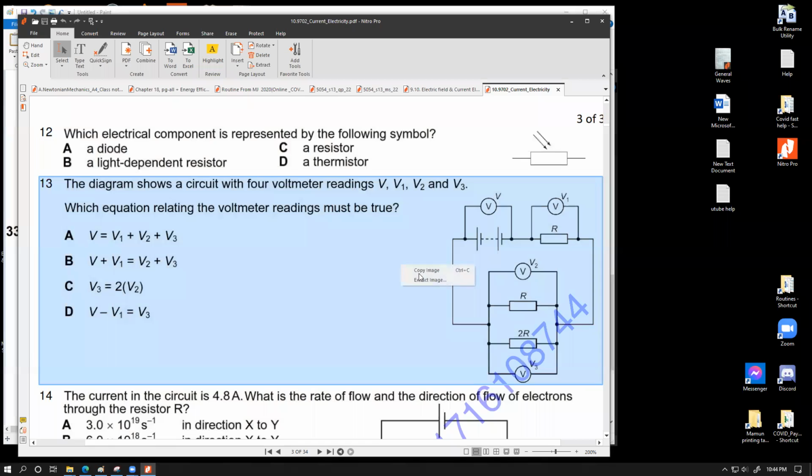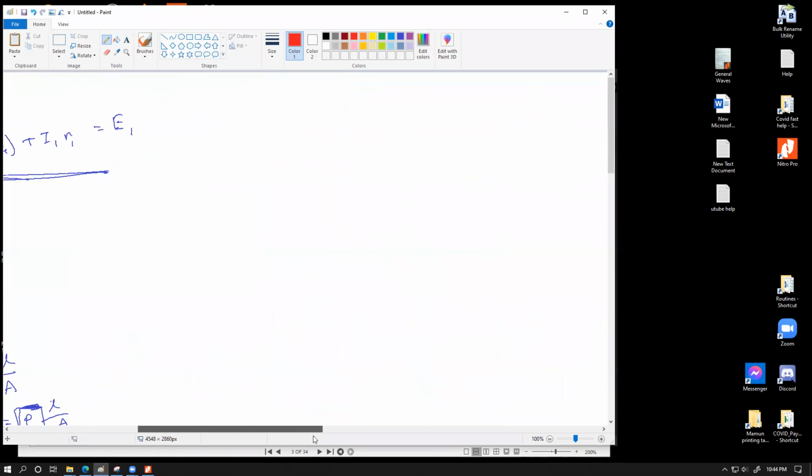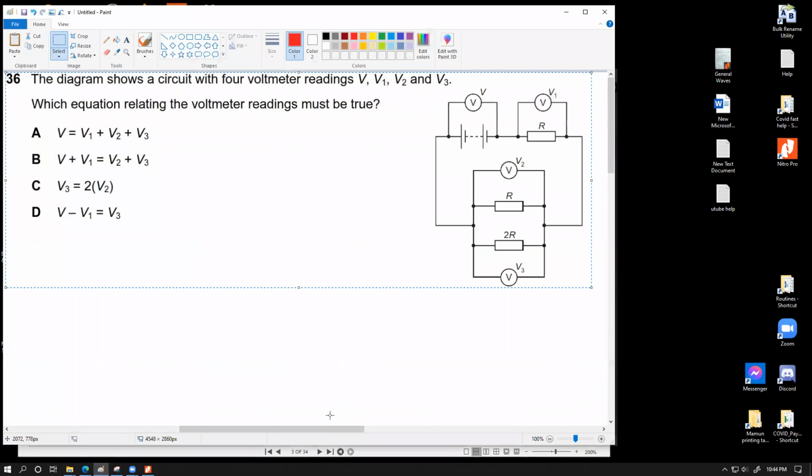What will be the total voltage drop across these 2 points? Let me copy this. Is it going to be V2, or V3, or V2 plus V3?